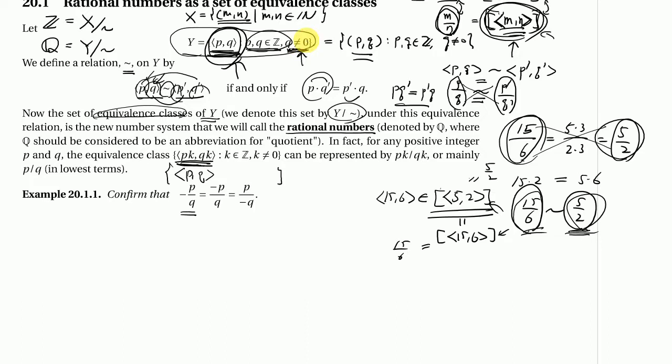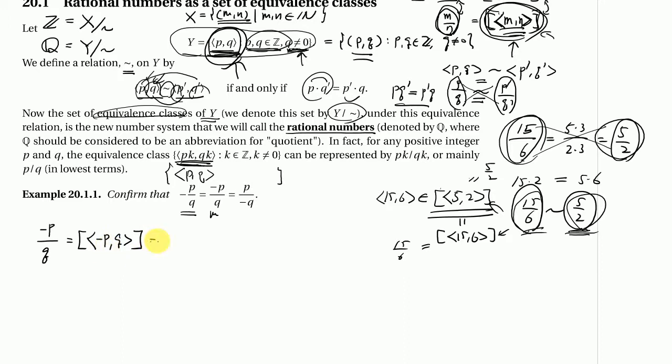That's the only condition; otherwise we can put any number in it. So let's look at negative p over q, the middle one, let's just check that one. Then that's the representation, representing this equivalence class of negative p, q, right?